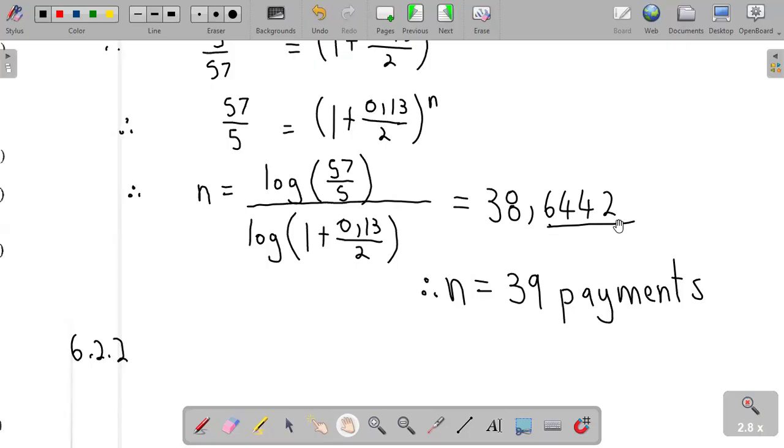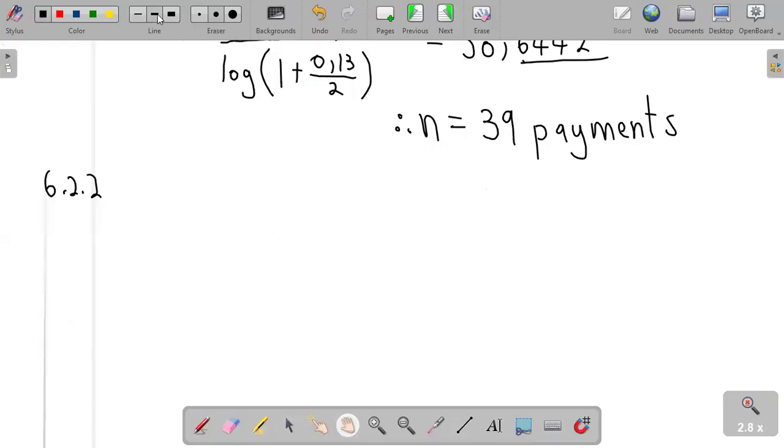You see, there are decimals here that are left. That will be the final payment. So the n will be that number. So the outstanding balance, meaning the present value at that point.